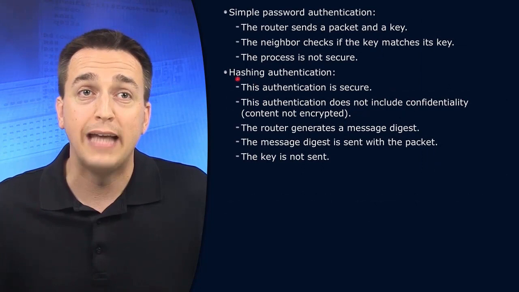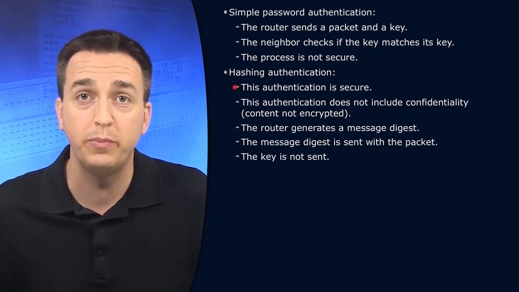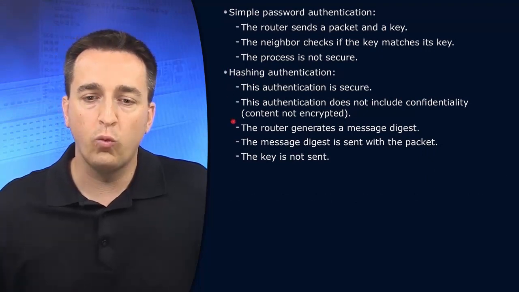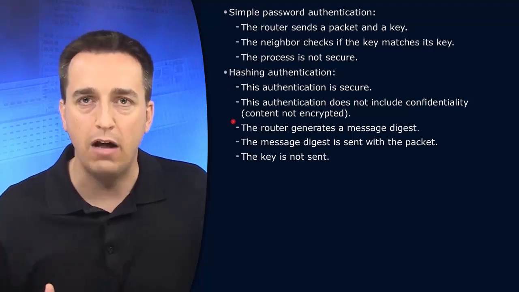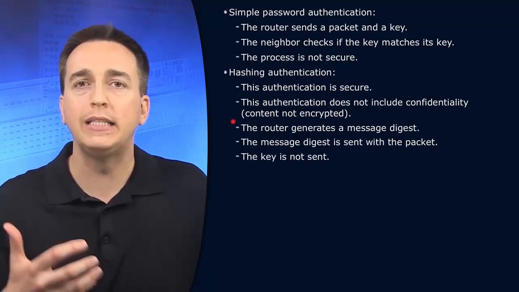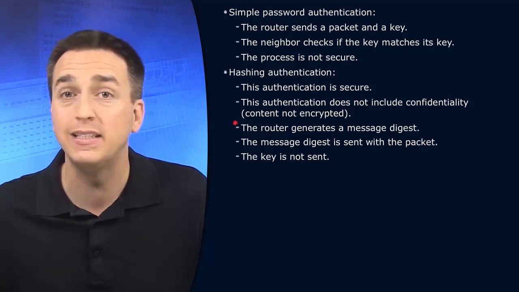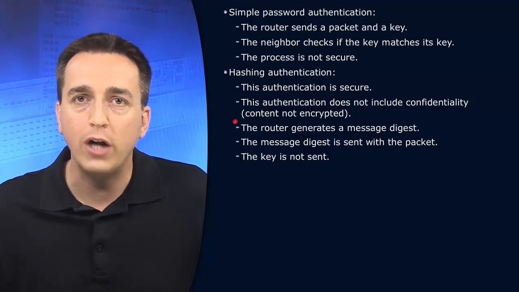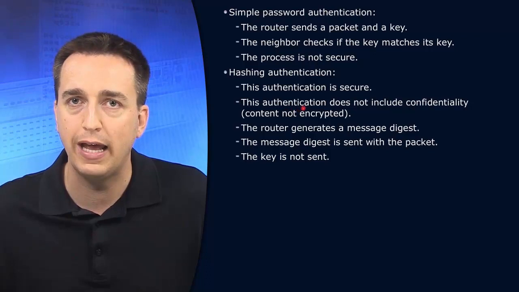The next option is hashing authentication. This is much more secure than simple password authentication because the router doesn't send the key itself, meaning it's not sending the password across the network. It's sending a message digest instead across the network. And we want you to make sure you understand that this is not encryption at all.